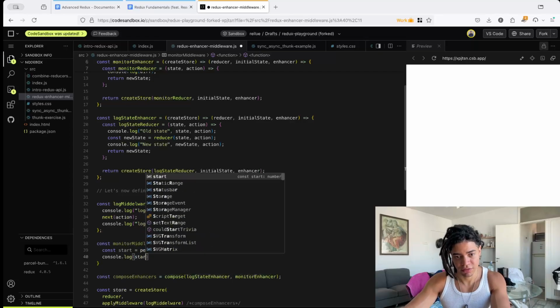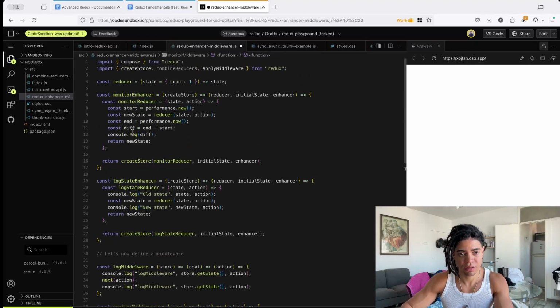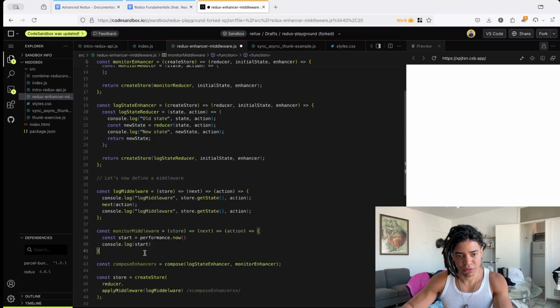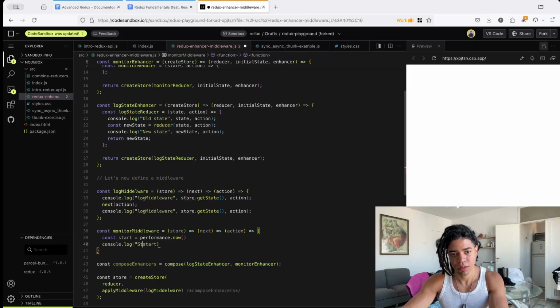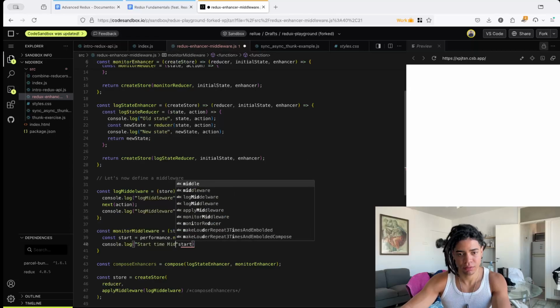Console.log, so you say start. I think this is the initial start time middleware, right?